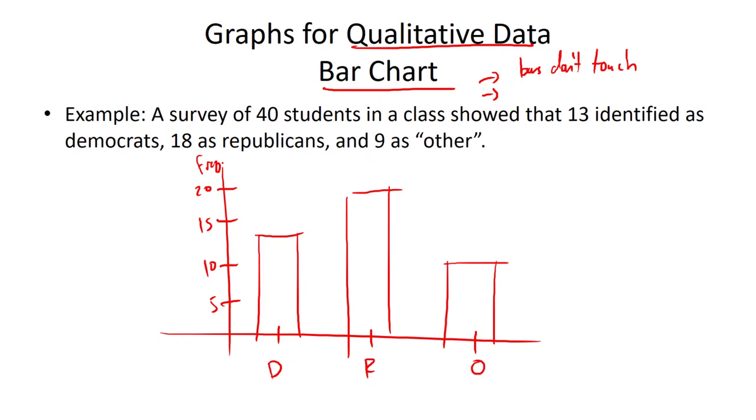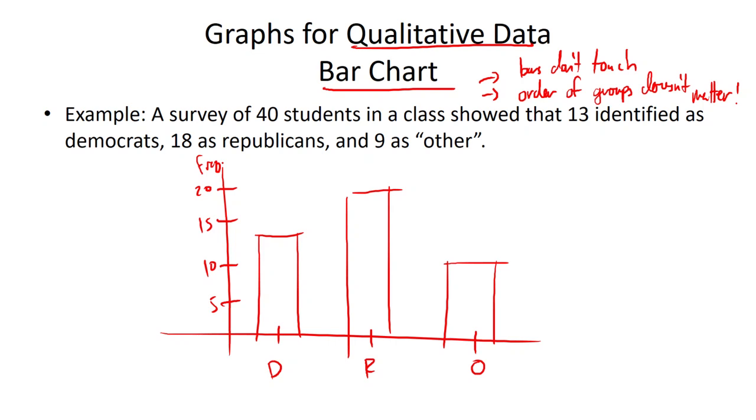You could put them in order of size, or reverse order of size, or random order. It doesn't really matter. And so that's why the bars don't touch. There's no reason you had to put Democrats first. You could have put other first or Republicans first, and so on. Okay? So in a bar chart, the bars don't touch.